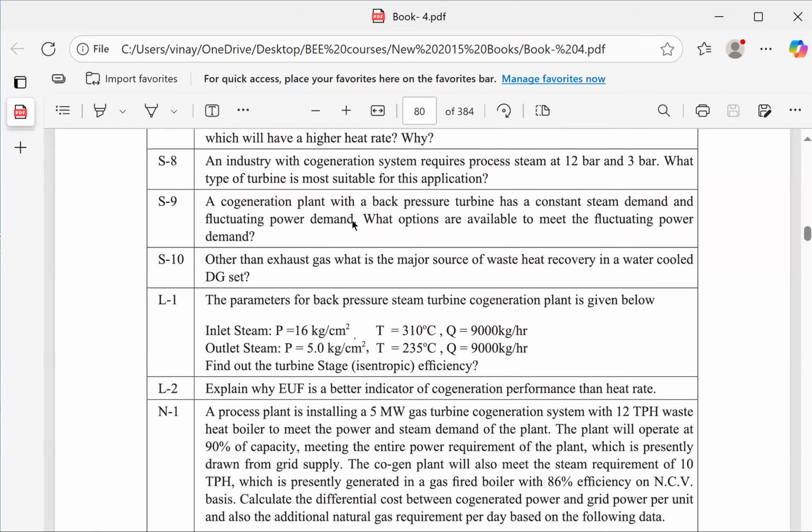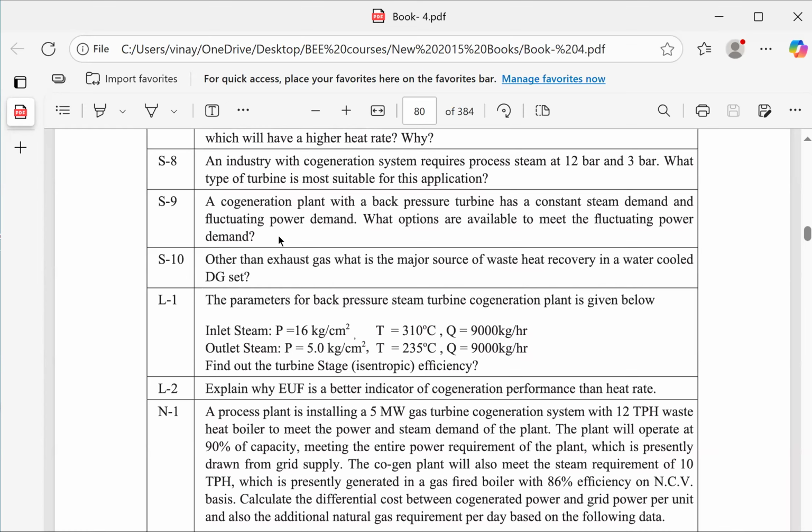The cogeneration plant with a back pressure turbine has a constant steam demand and fluctuating power demand. What options are available to meet the fluctuating power demand? We have seen here in cogeneration, I have said if the power is fluctuating, you can always buy from the grid.